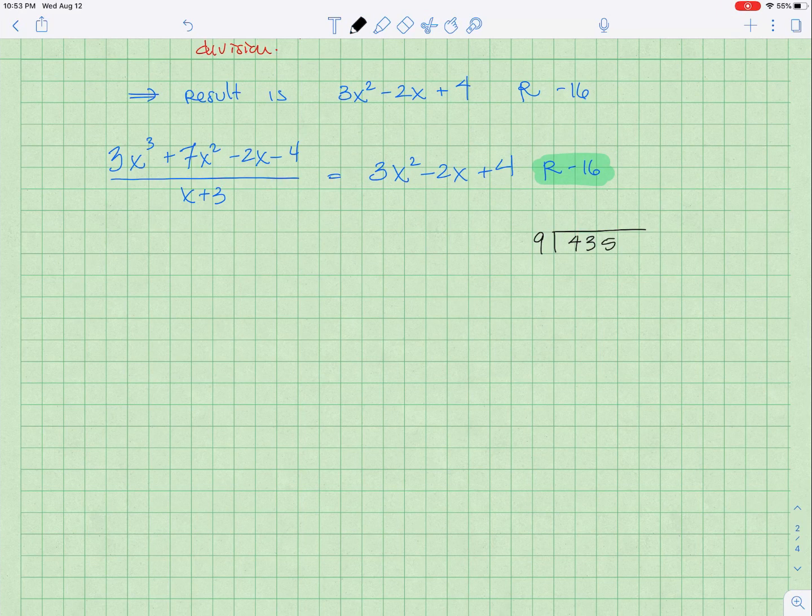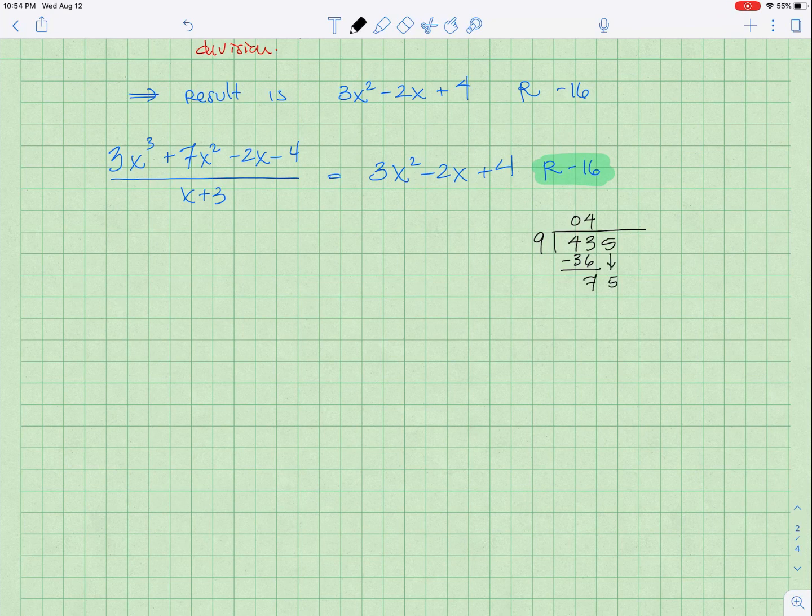You would do something like, well, 9 doesn't go into 4. 9 goes into 4 0 times. But 9 goes into 43 4 times. 4 times 9 is 36. Subtract. And you would get 43 minus 36 is a difference of 7. And then you'd bring down the 5 and you'd repeat.